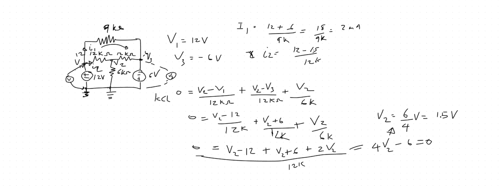That's how much. It would be negative. 12 minus what? Oh, 1.5. I thought it was 15. 1.5. Let's see.